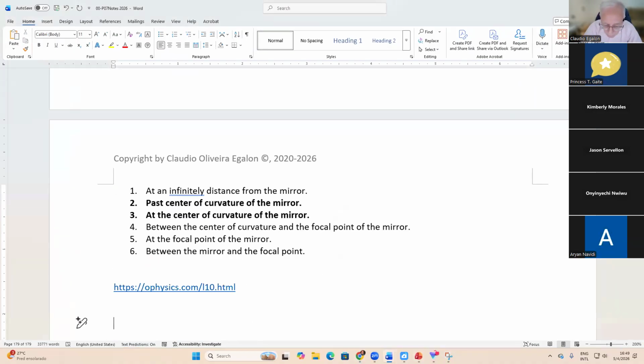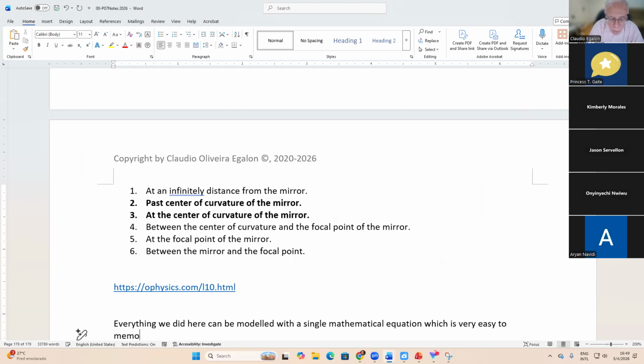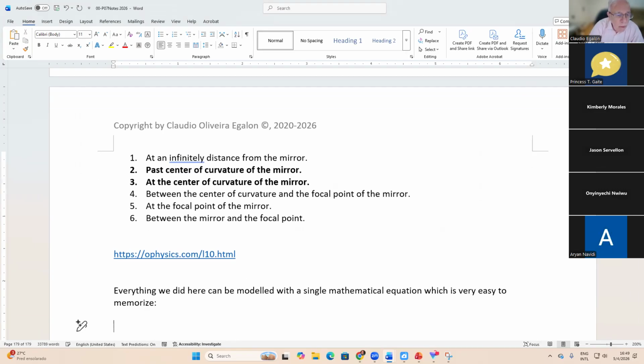Everything we did here can be modeled with a single mathematical equation. And the mathematical equation is very easy to memorize. Here you go.